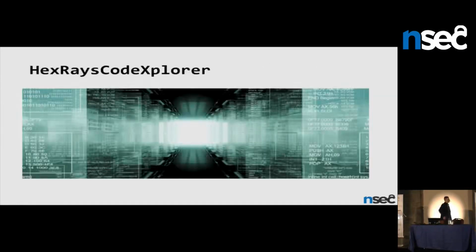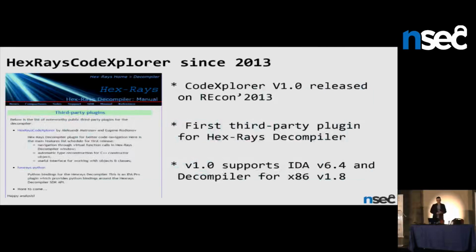Okay, so now let's move on to the third part of this presentation and speak about how we can automate some tasks of reversing C++ applications or malware. We'll be speaking about a tool which is a plugin for the Hex-Rays decompiler. This is an open source tool which was first presented at REcon 2013.